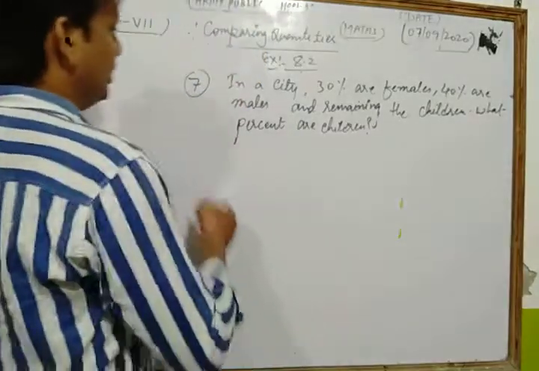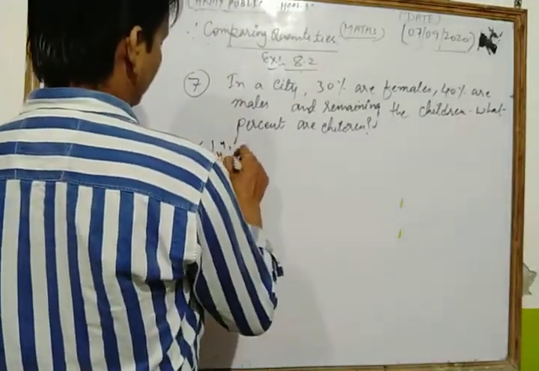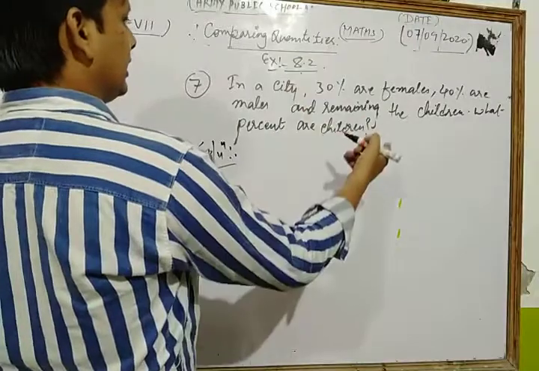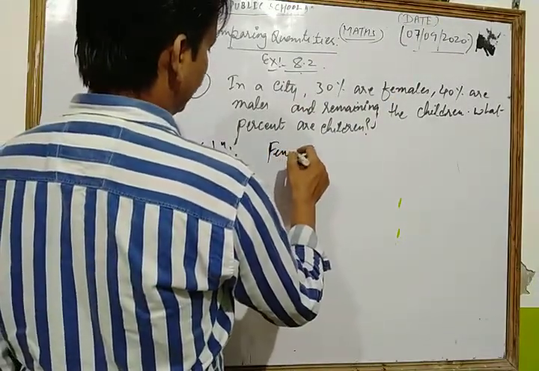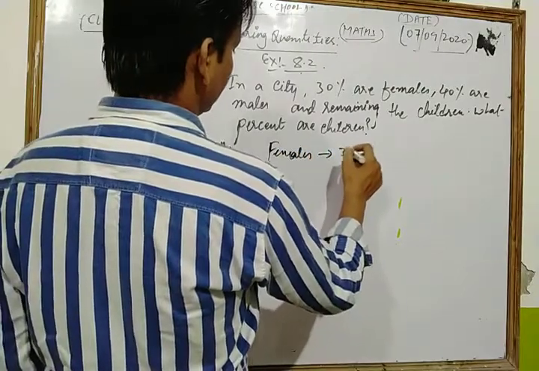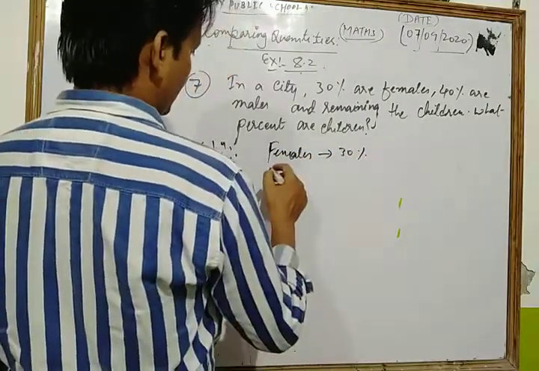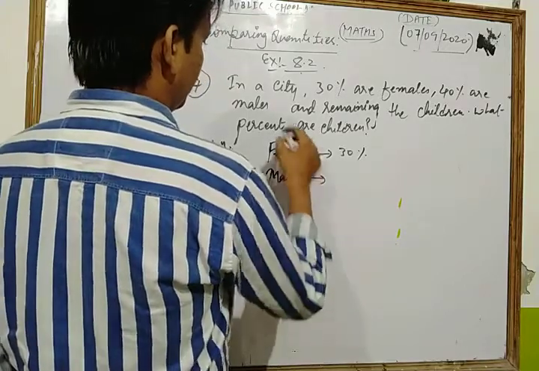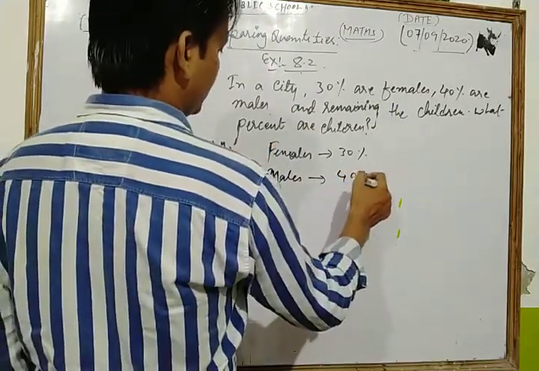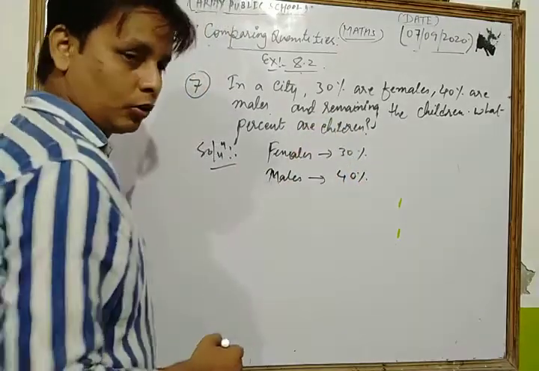Now let's see its solution. Dear student, first of all, in that city, 30% are females. We write the given. Females are 30%. Males are 40%.